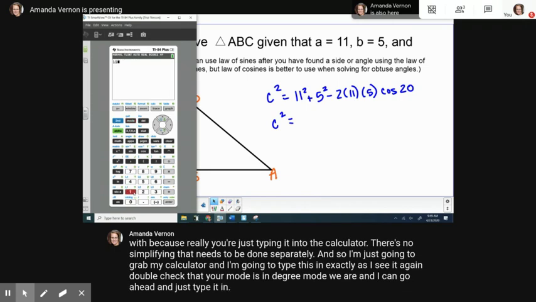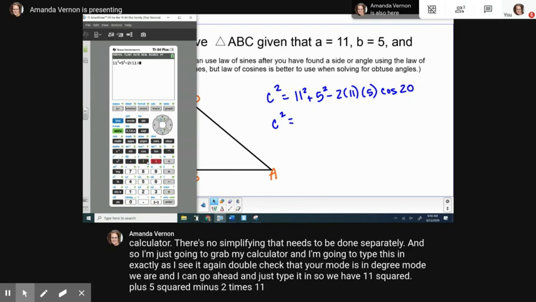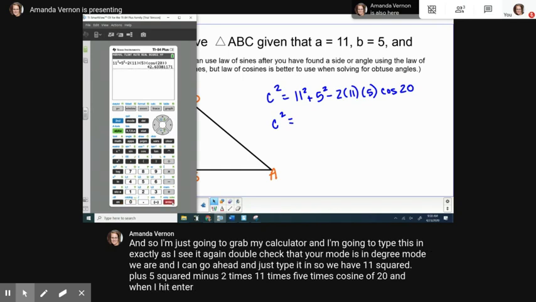So we have 11 squared plus 5 squared minus 2 times 11 times 5 times cosine of 20. And when I hit enter, I get 42.63.